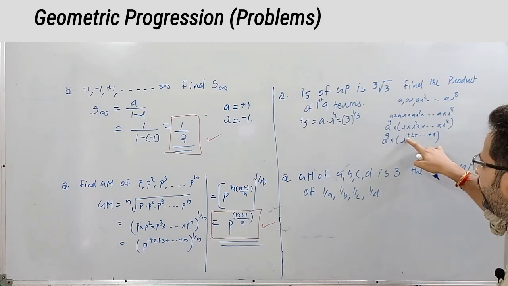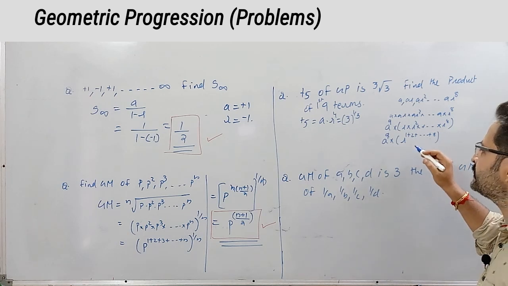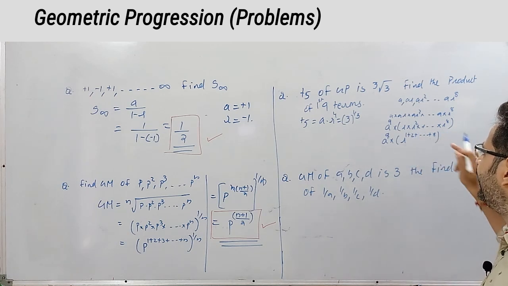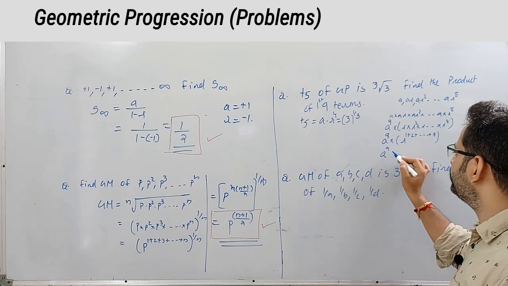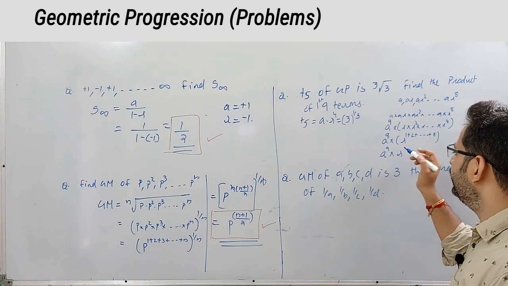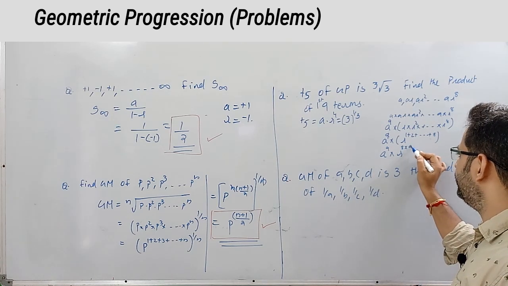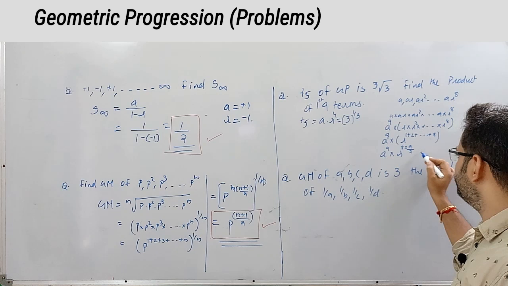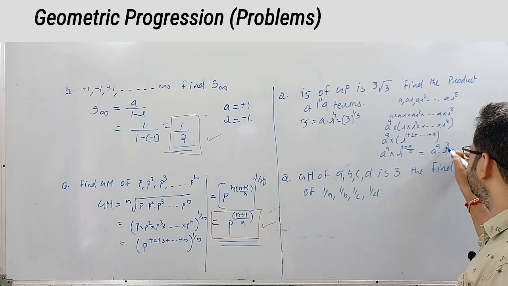That means in the exponent it is the sum of the first 8 natural numbers. We can use the formula A raised to 9 into R raised to n(n plus 1) divided by 2. That means 8 into (8 plus 1), 9, divided by 2. So we get A raised to 9 into R raised to 36.